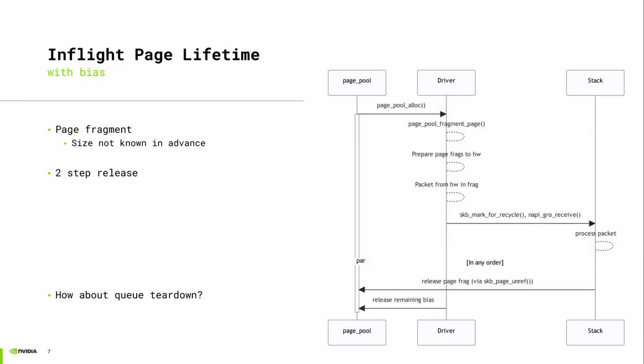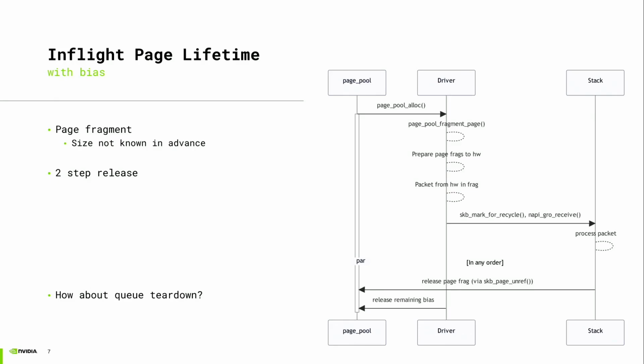So this is the bias counter, where the driver allocates a whole page. It splits it into many small fragments, like 64, let's say. It doesn't know if they're going to be used or not. But there's an additional complication on the release path because you need a two-step release.